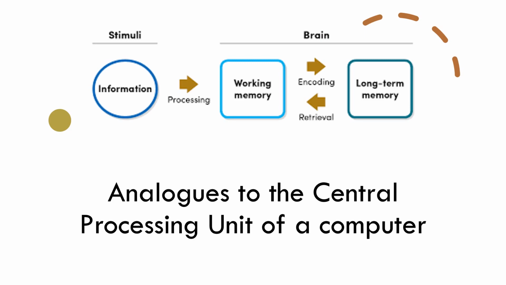In this sense, working memory is analogous to the central processing unit of a computer. Information can be transmitted into the computer's central processing unit from a keyboard, which is analogous to an input from the mind's sensory store, or it can be entered from a floppy disk or other long-term storage device, which is analogous to an input from the mind's long-term store.